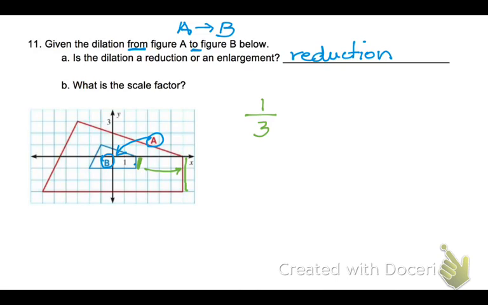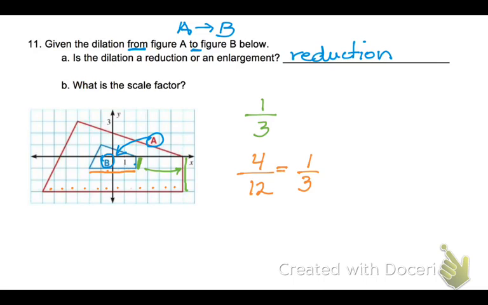I could have also done 1, 2, 3, 4 over 1, 2, 3, 4, 5, 6, 7, 8, 9, 10, 11, 12, 4 to 12, and then I would have had to simplify to 1/3. Either way, I got 1/3.